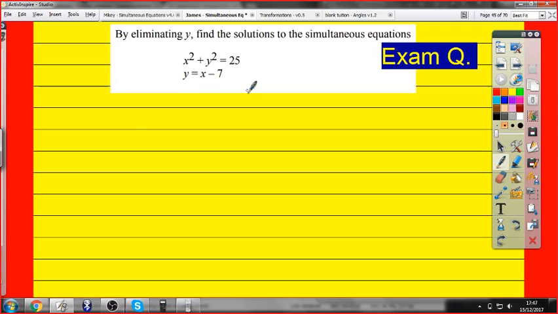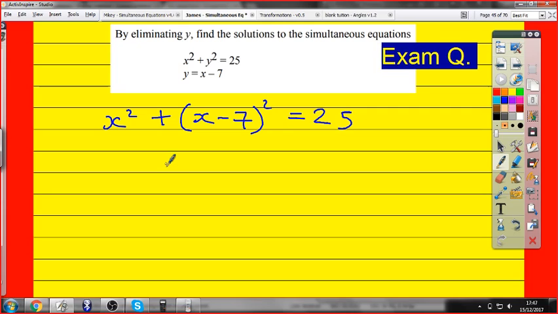How can you use that? Well, you see in the first one, it's y squared. And in the second one, it says y equals x minus 7. So instead of writing y squared, I can write x minus 7 squared because y is x minus 7. Equals 25. Okay, how do we do this?